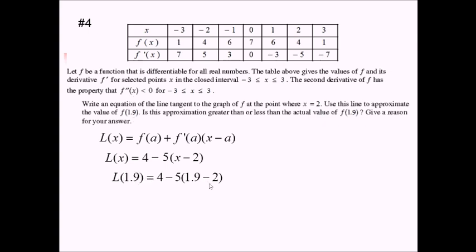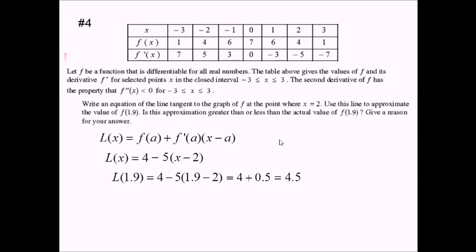So plugging in 1.9, we've got 1.9 minus 2, which is negative 0.1, times negative 5 is going to be positive 0.5, and then 4 plus 0.5 comes out to 4.5. Now, it's worth noting that if this is an AP free response problem, you actually could have stopped after you had all constants here, unless you specifically needed this value for some other purpose.